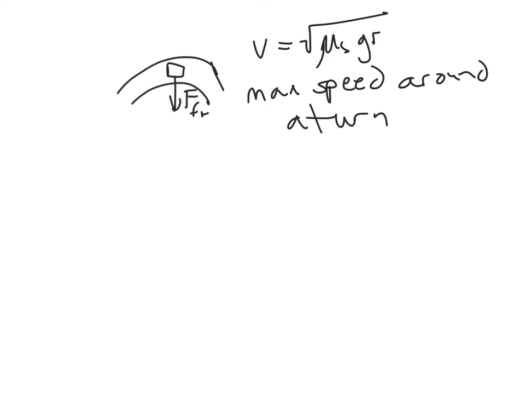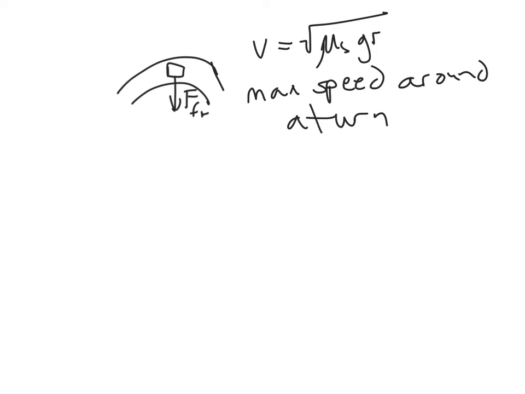If you go any faster than this, you will not be moving in uniform circular motion. You'll be going too fast, you will slip, which will break that circular motion. You can do it, it's physically possible, but if you go faster, you will not be moving in that circle anymore.